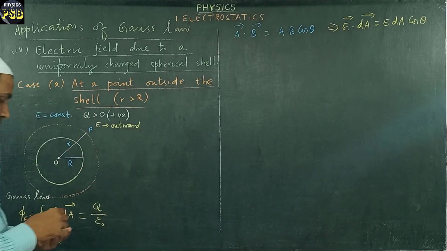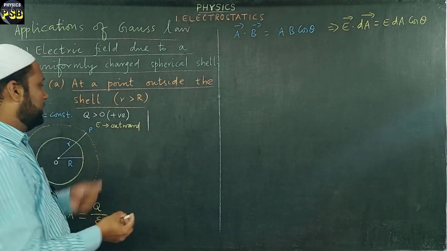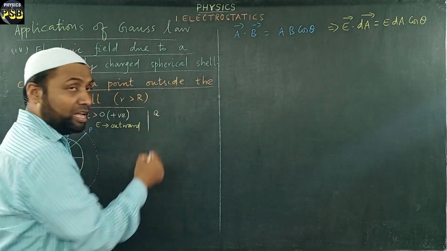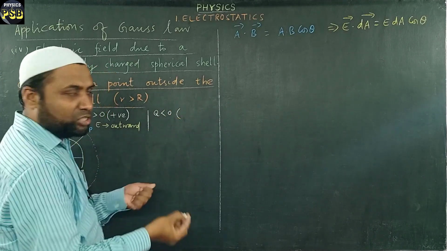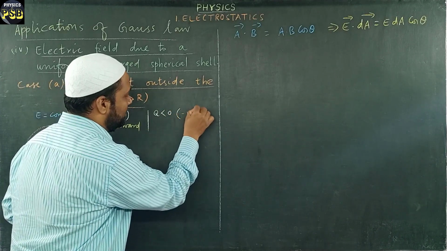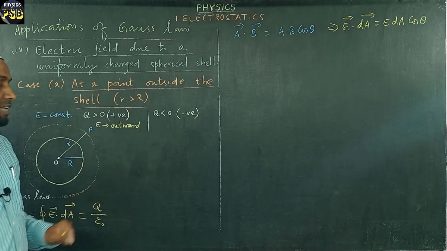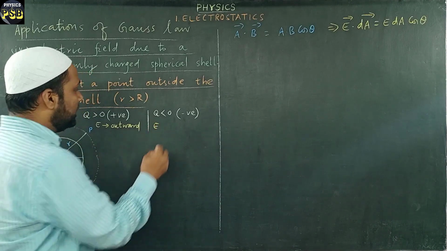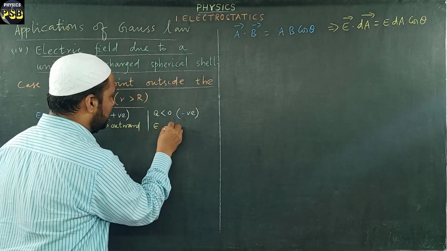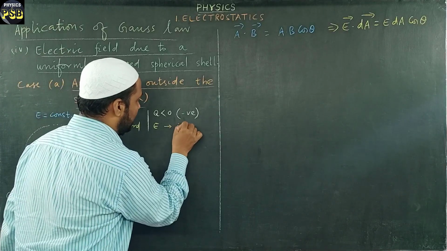On the other hand, if Q is less than 0, that means the charge is negative. When the shell carries negative charge, the electric field will be acting towards it, so electric field acting inward.